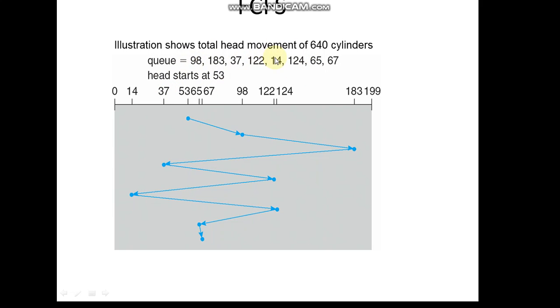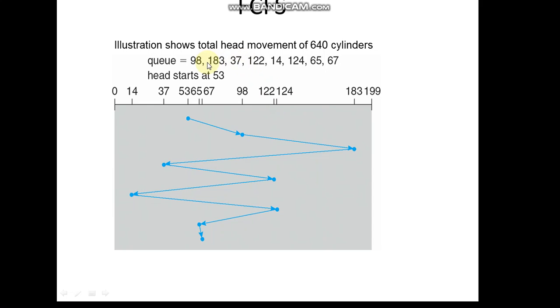So we have 14 marked here approximately, as the scale should be taken. 37 is marked, 53 is marked. Why 53? Because the head is initially at this point. Then you mark 65 and 67 because these are in the queue. Then you mark 98, 122, 124.